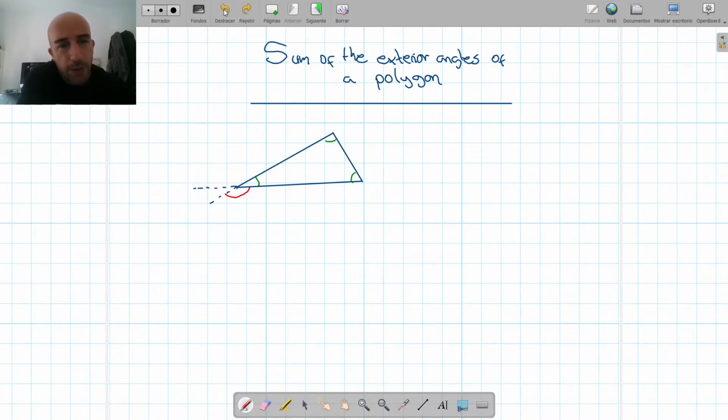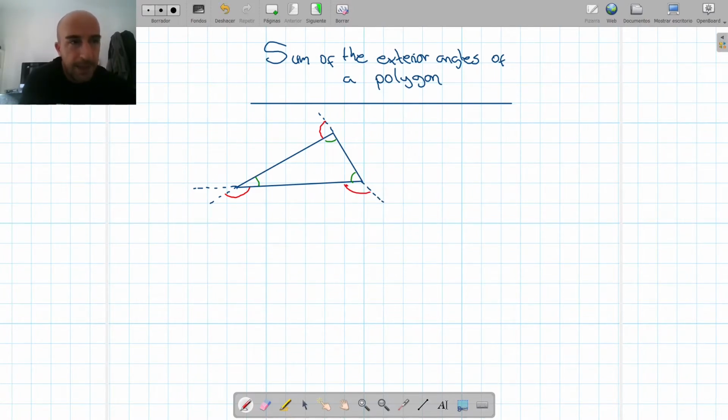We only consider one of them for the sum, I mean. If we extend this one, the extension of this side with the other side forms that exterior angle, and if we extend this, that's another exterior angle, okay?